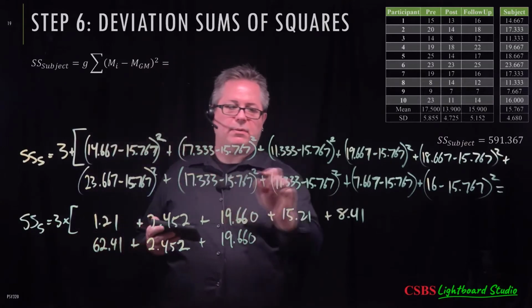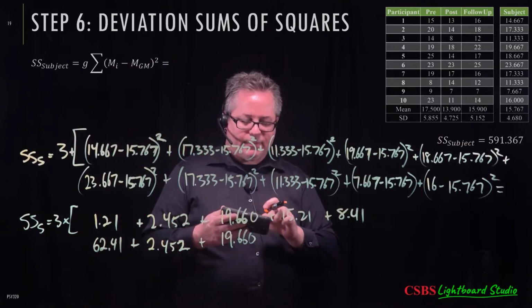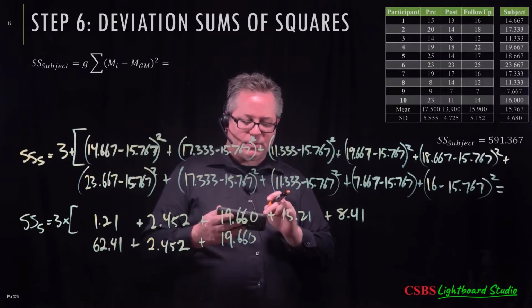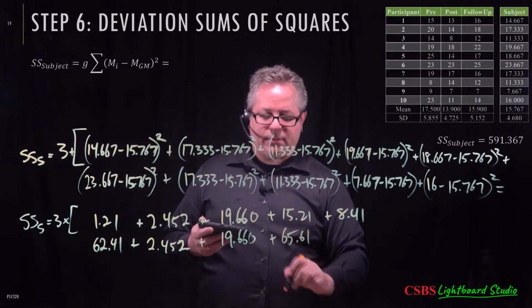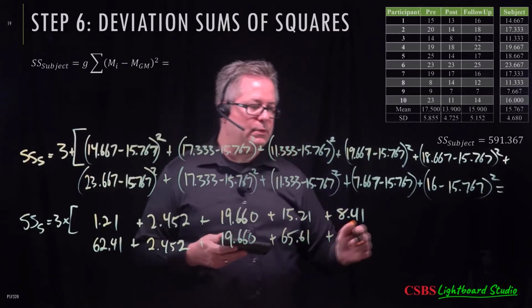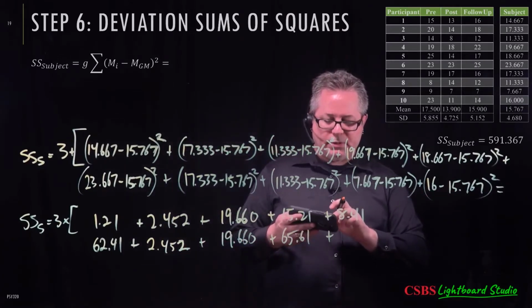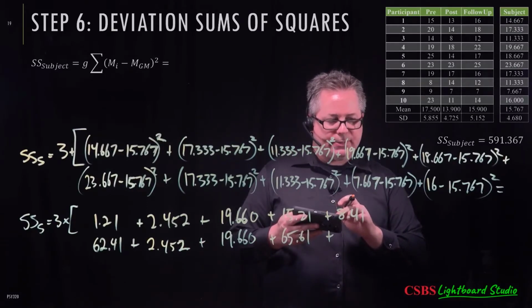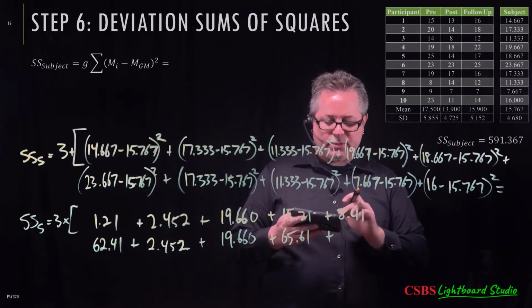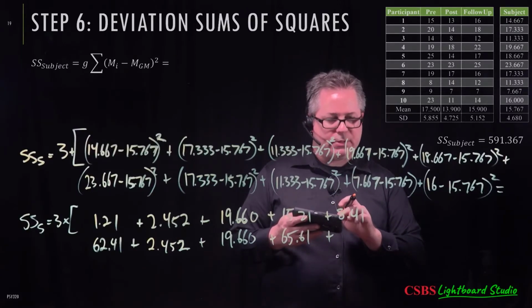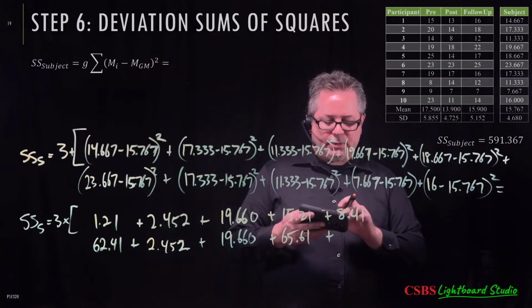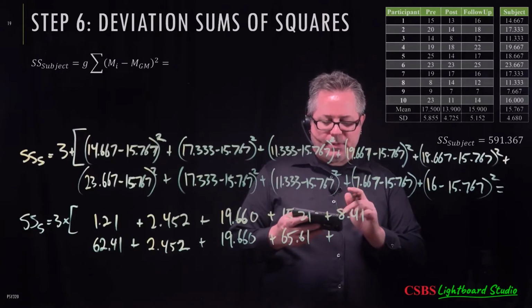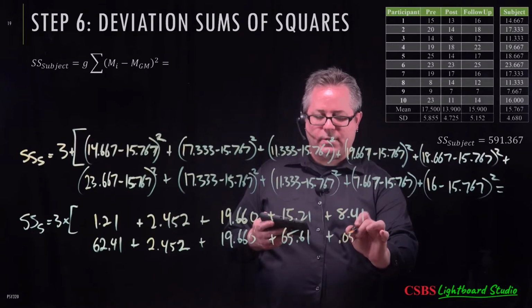And then this one, 7.667 minus 15.767 equals negative 8.1 squared is this one, 65.61 plus the last one here is 16.667 minus 15.767 equals 0.233 squared is 0.054.